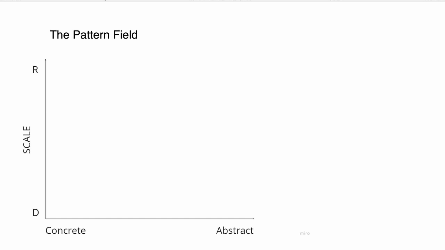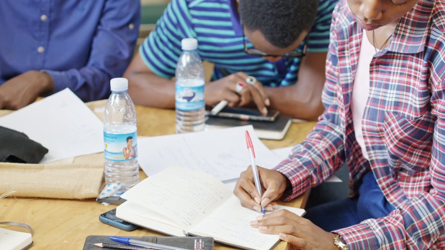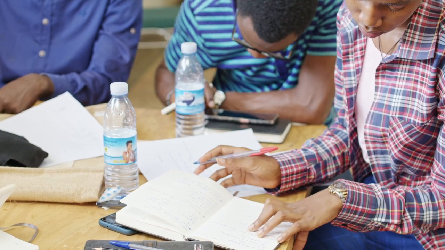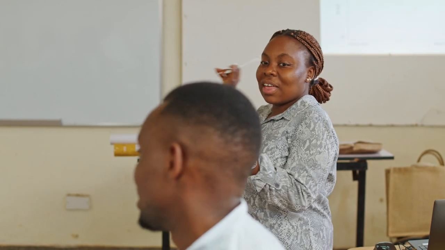And on the X axis is the range of the pattern, from concrete to abstract. Concrete is more tangible, and as you tend towards the abstract, it is the intangible. So your patterns are somewhere along that axis, tending towards more concrete or more abstract.